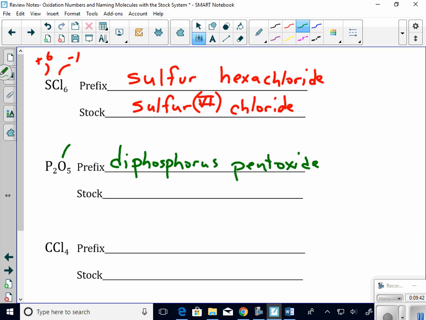No, it is not, so oxygen is going to be -2. What is phosphorus going to be? +5, right? Everybody see how we got +5 for phosphorus? So what's my Roman numeral going to be on my stock system? A 5.